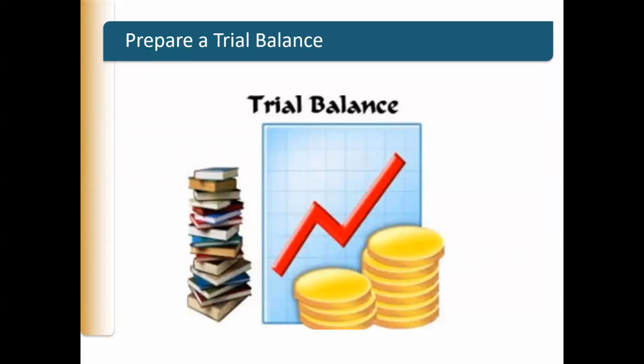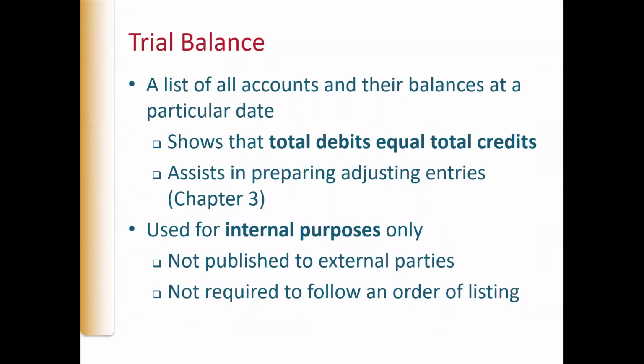Now, the next step after we've prepared all our various transactions and analyzed them, and now we know the new balances, we will create what we call a trial balance. The trial balance is purely a list of all accounts and their balances on a specific date.